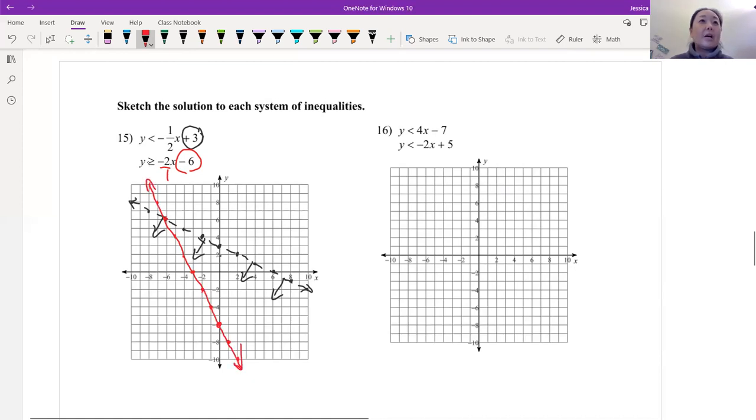All right, and it says y is greater than. So it's going to be going up. So if you notice here, this coordinate plane has been cut into 4 different pieces, right? So we got the lower left, the upper right, and lower right. And where are both lines pointing to?